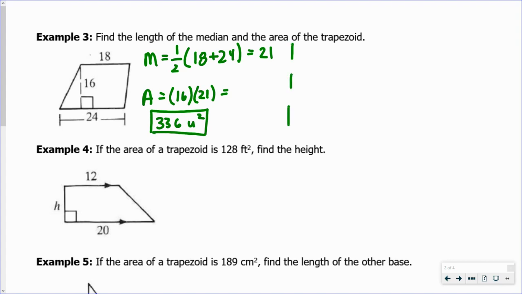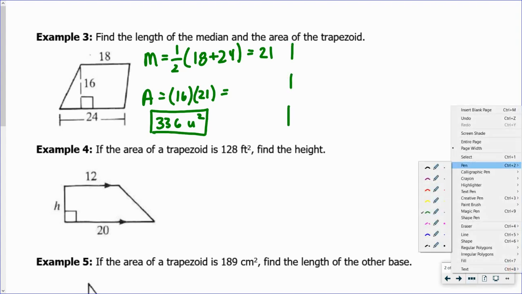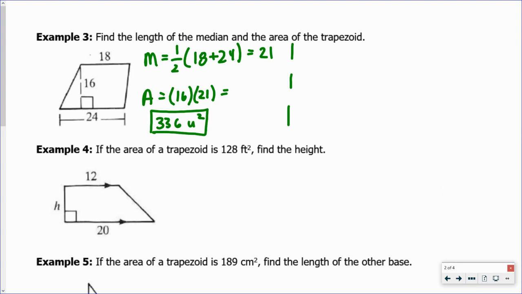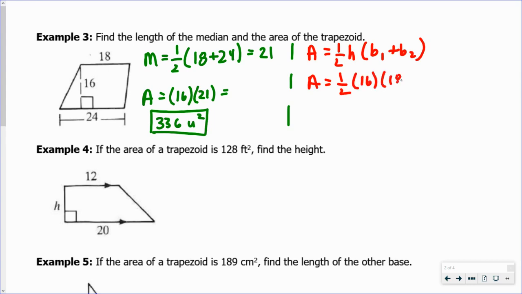Now, alternately, we also could have used the original formula, so the area equals 1/2 the height times B1 plus B2. So let's plug that in: 1/2, the height is 16, B1 is 18, B2 is 24. And if you evaluate this, you get 336 square units. So either formula is going to work for you.